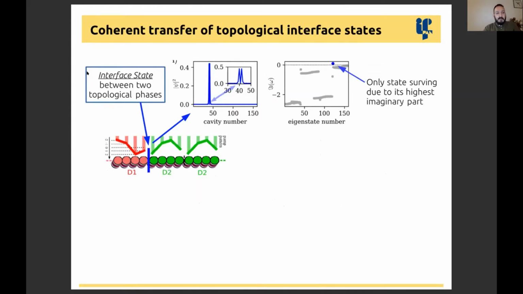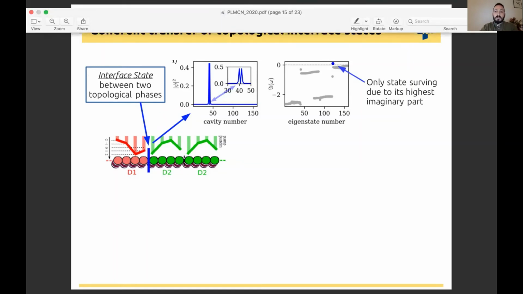I will discuss some preliminary results about the possibility to achieve coherent transfer of topological interface states. So what is an interface state? We know that if we have two topological phases, this interface state sits at the junction of these topological phases.